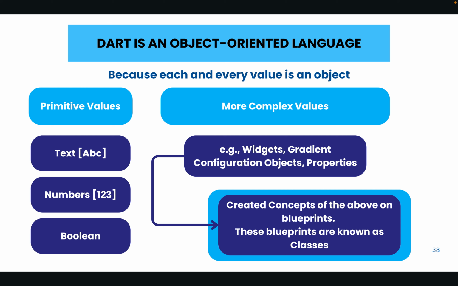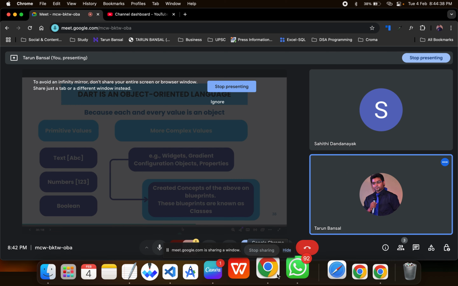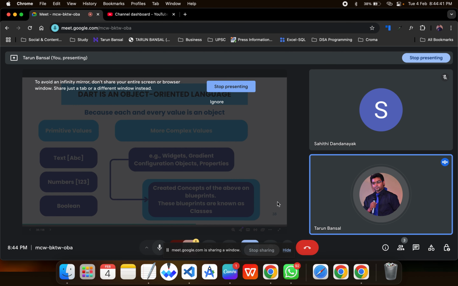Similarly, in these blueprints we specify all the things, and whenever we put in values, just like we saw earlier with colors, if I put in some red value, some green value, some blue value, we get a specified color. We got a combination into a specified color. So that's how we can develop that object.